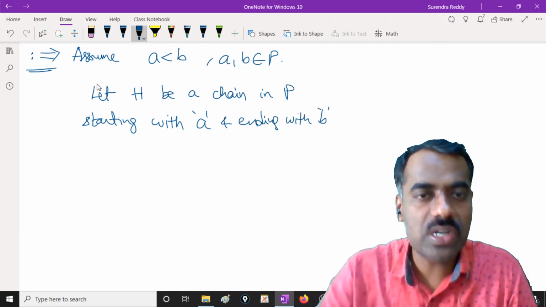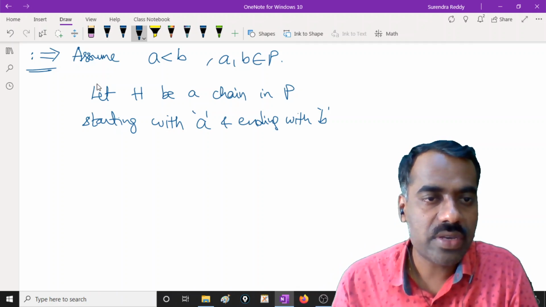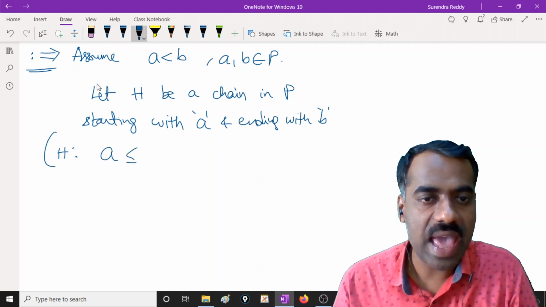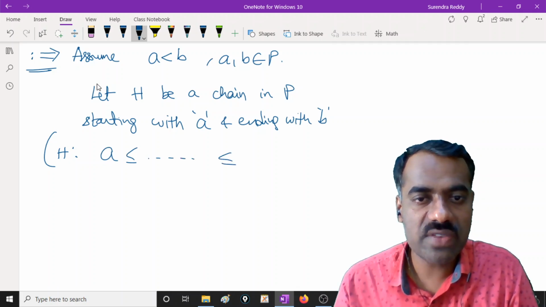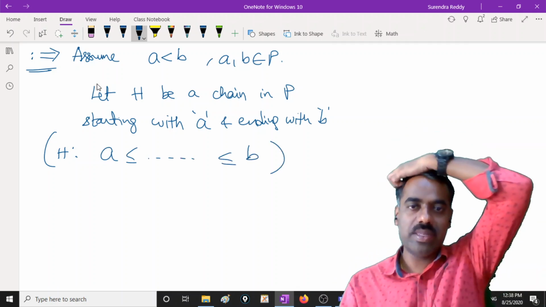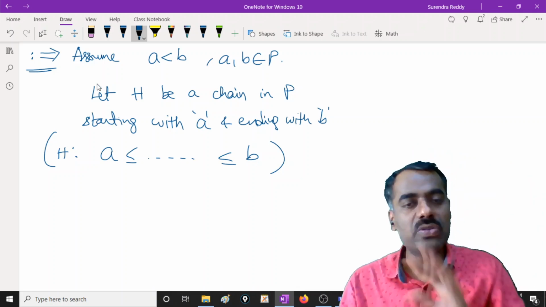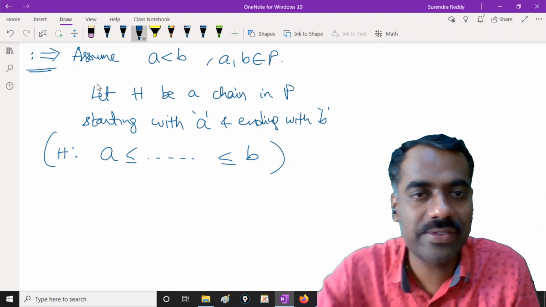So that means how does it look? Your H will look like a, and in between you will have some elements, and b. Is this clear? Because chain means any two elements are comparable, so you can put it in this way.